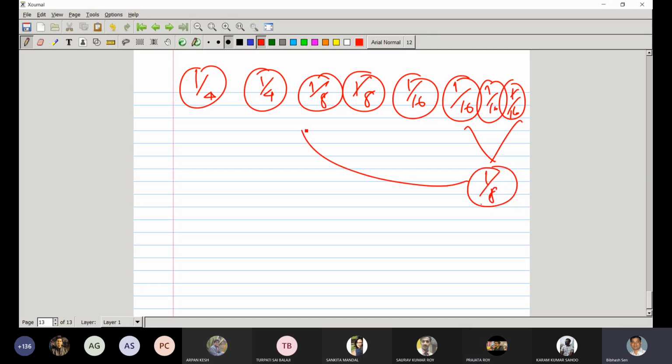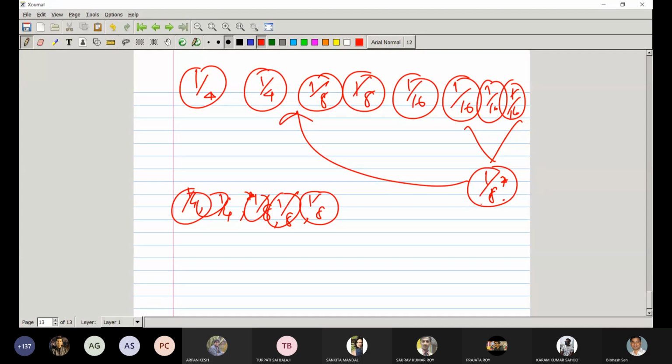Once you get 1 by 8, it will be placed here. So you get 1 by 4, 1 by 4, 1 by 8. Actually, this is a new node created, right? So I am giving a star to understand it clearly. If you make the chart this way, then the 1 by 8 generated will be there.